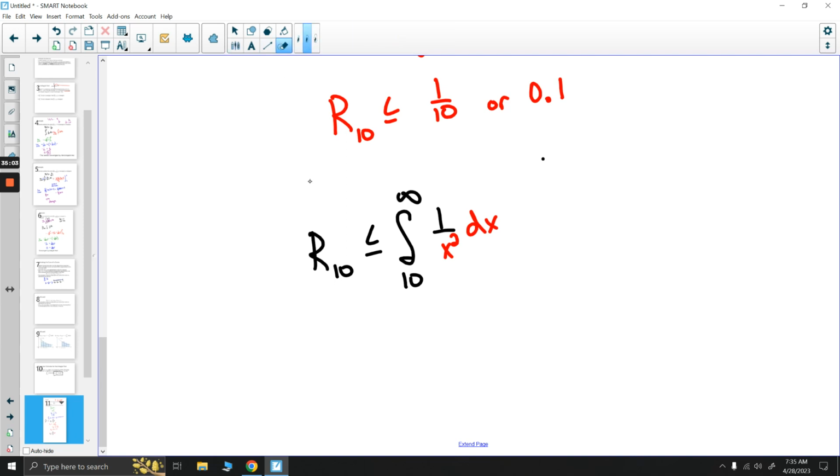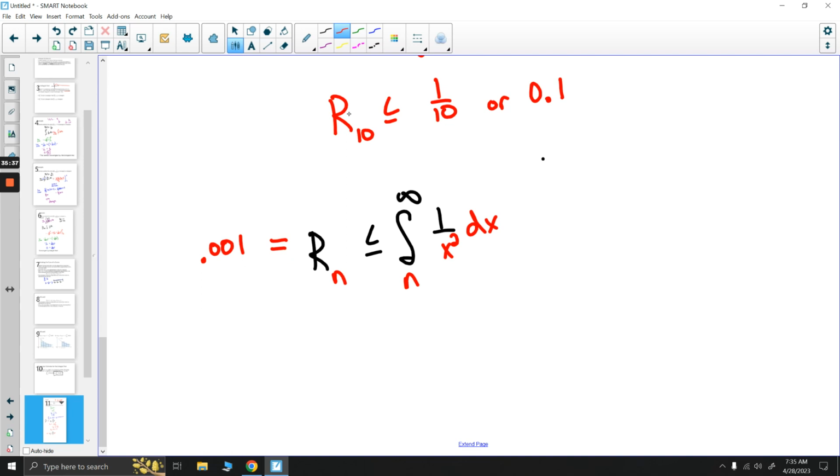We want to find the n that would cause our remainder, this thing here, to be 0.001. That is to say, our integral needs to be 0.001. That's what we want this integral to be.